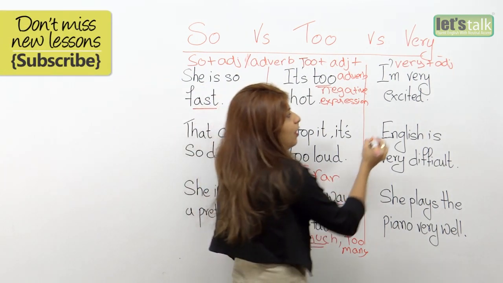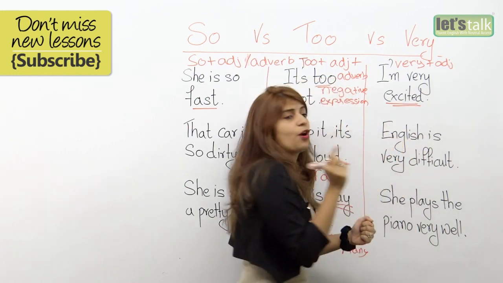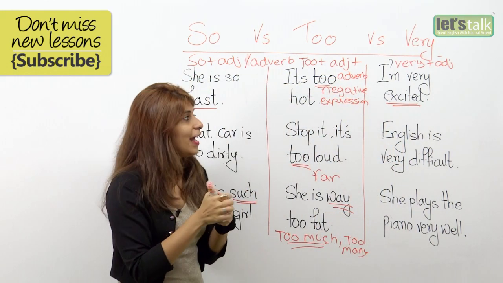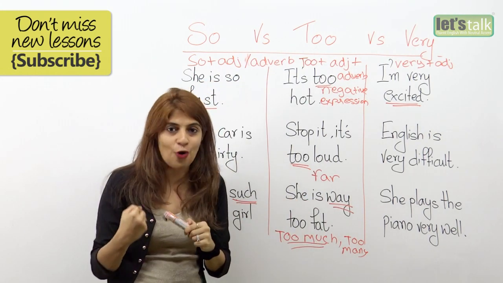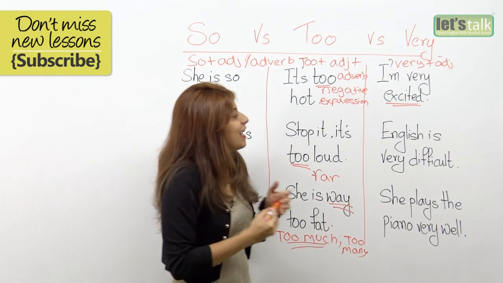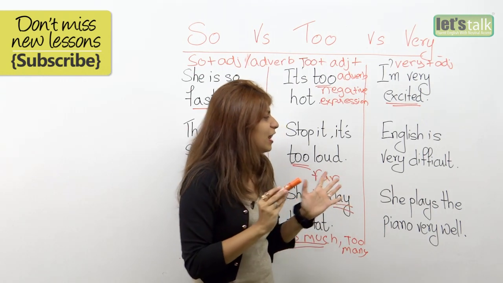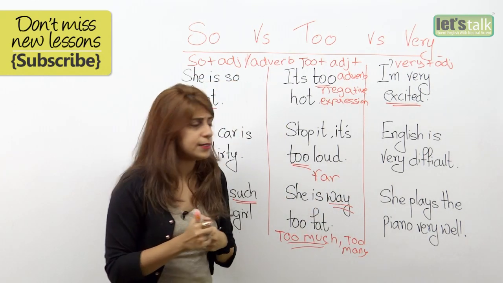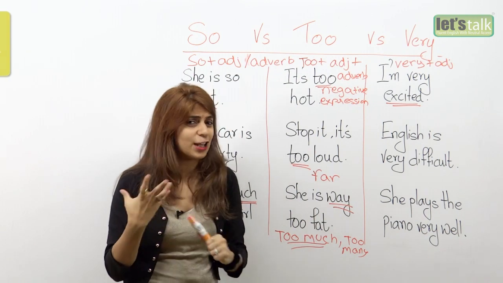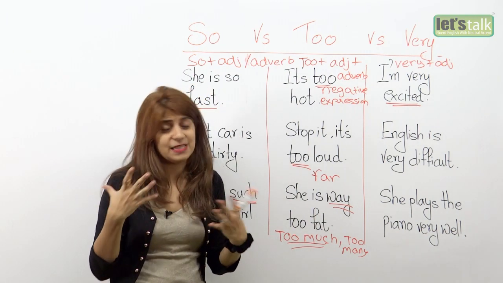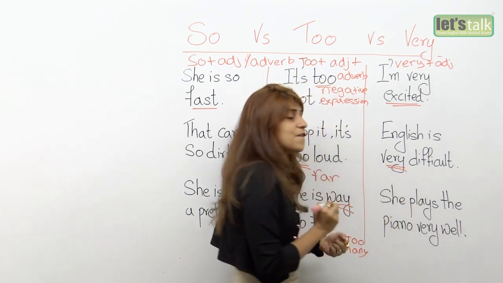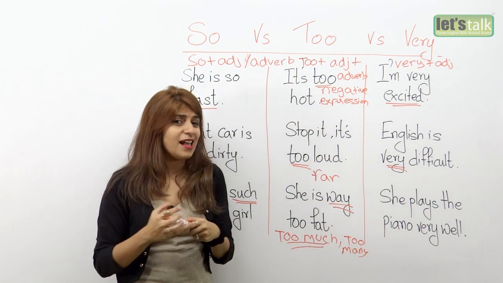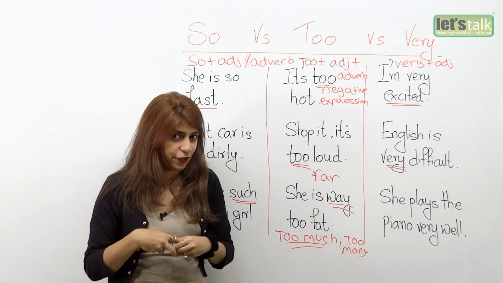Here, excited is your adjective, and the word very is used to make it really strong. Another one: English is very difficult. Probably the English language is difficult, but when I add the word very, it means that yes, it is really difficult.